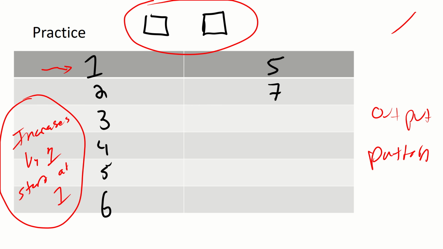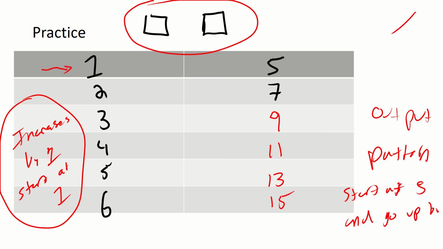Here, my output pattern, as you can see, goes 5, 7, 9, 11, 13, 15. It goes up by 2 each time. That's what you need to find out. So here, we start at 5 and go up by 2. So if I said, what is my output for 7, you would say 17.